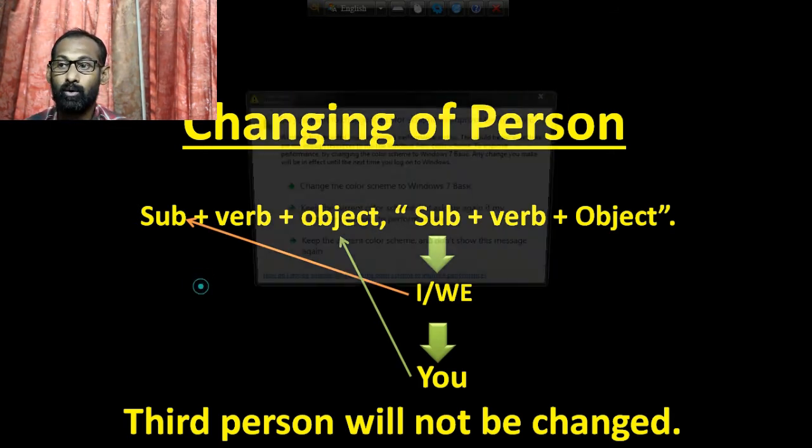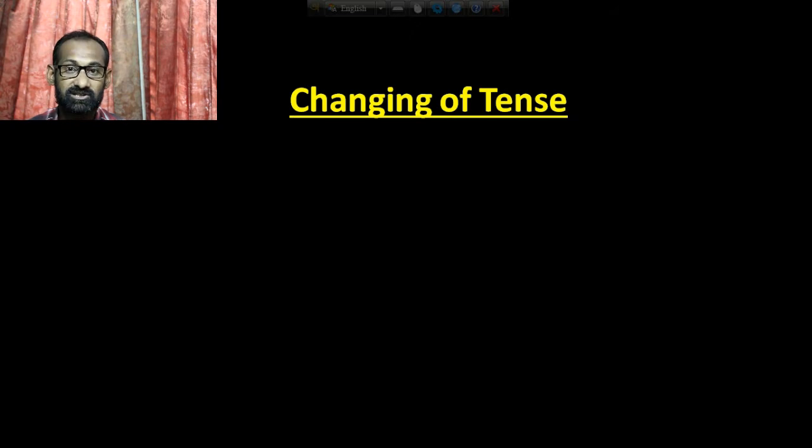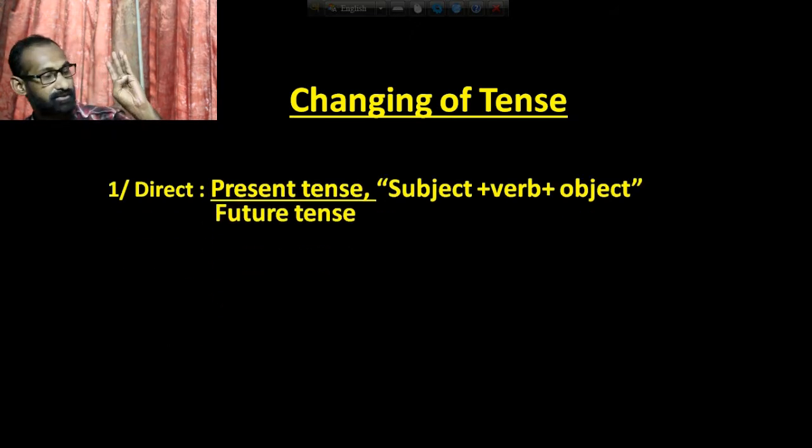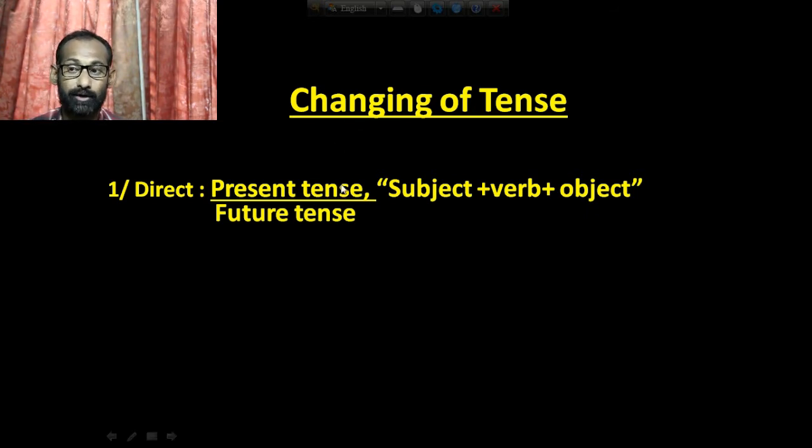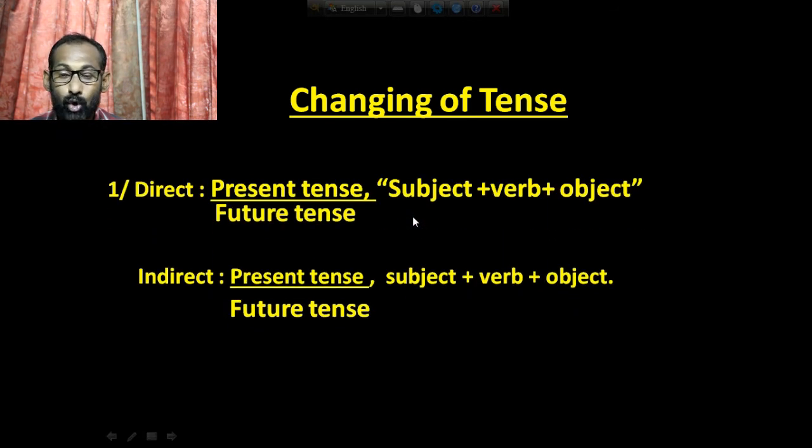Now we will start the changing of tense. We know that there are three types of tense: present tense, past tense and future tense. Now rule number 1: if you find that the reporting verb is in present tense or future tense, then there will be no change in the tense of the reported speech.